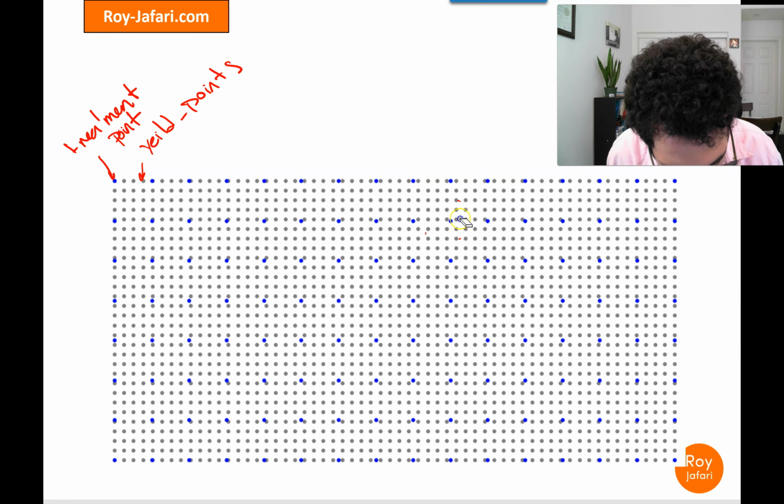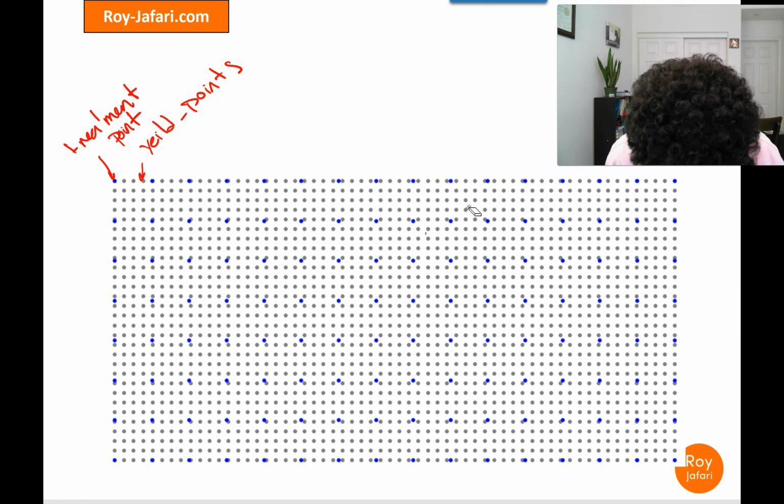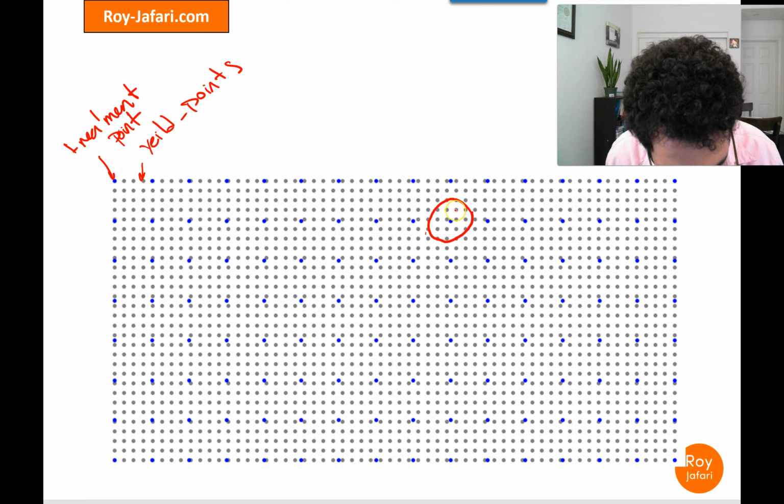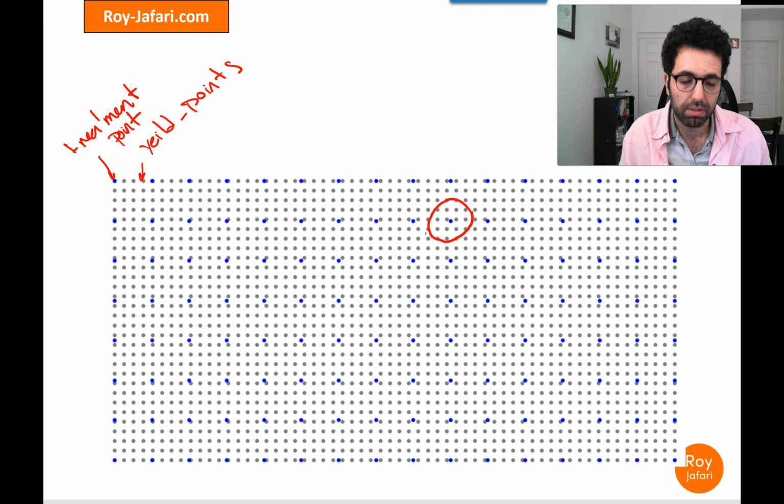Let me do a better job of drawing a circle. So let's say this is the radius of this water point, and if the treatment point falls in the radius of a water point, then based on how close the treatment point is to the water point, I will calculate the part of the water dispensed here to be included as water received in this data object.